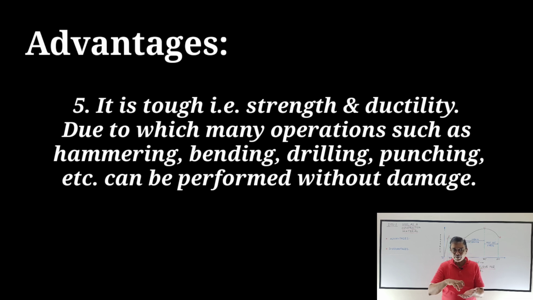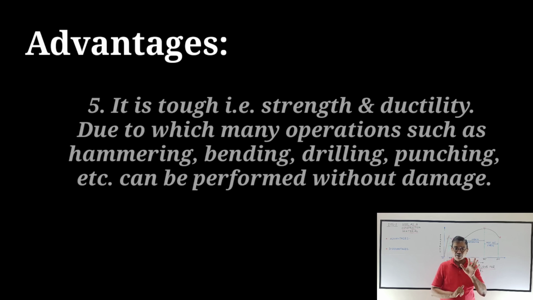When these operations are performed, there are no signs of visible damage on that particular steel member. This is due to its property of toughness, that is, it has got strength as well as ductility. When you hammer it, it has to absorb some impact energy. So this is number 5.